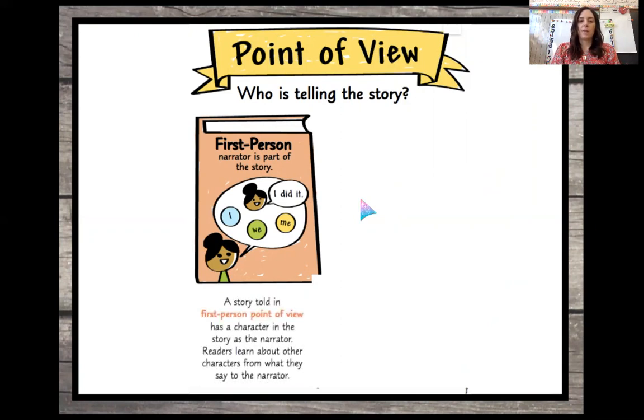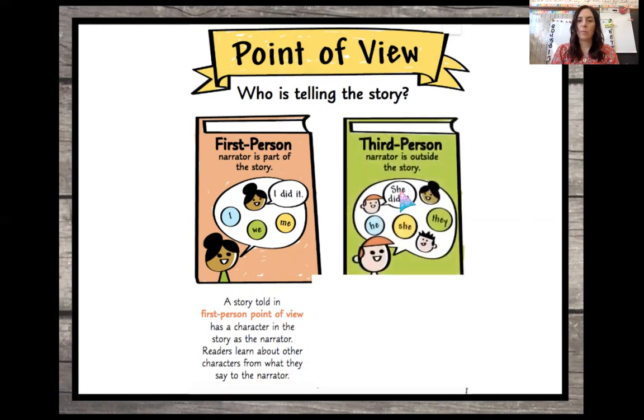So these stories have characters in the story as the narrator, and as a reader, you learn about other characters from what they say to the narrator. So in this type of first person story, you really only have a full insight into the narrator's point of view, because you're only learning about their experiences.